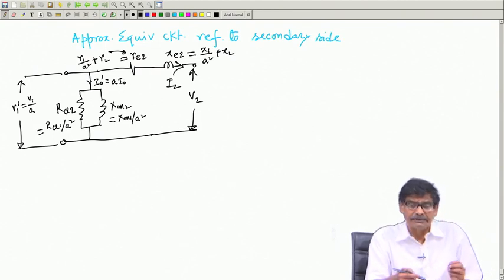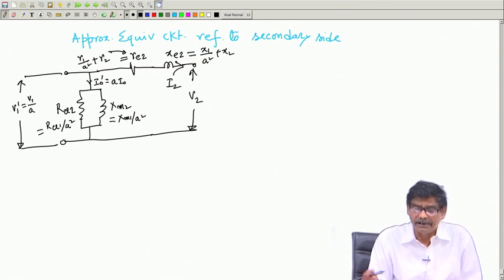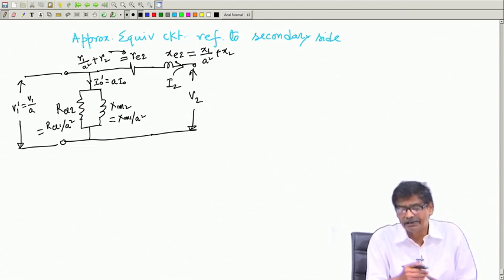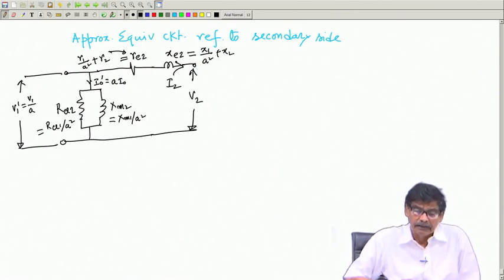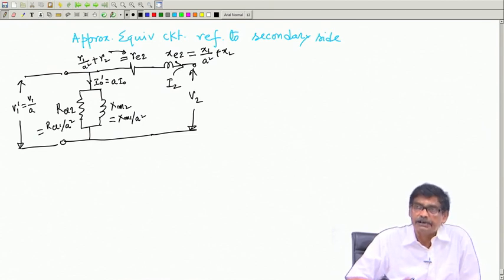So, get used to this transformation. Multiplying any impedance transfer from this side to this side will involve A, and any current transformation or voltage transformation will involve A. Whether multiplication or division, you should be very careful.